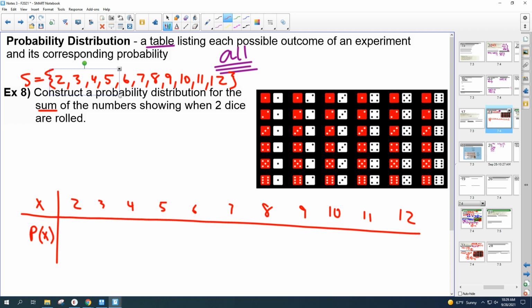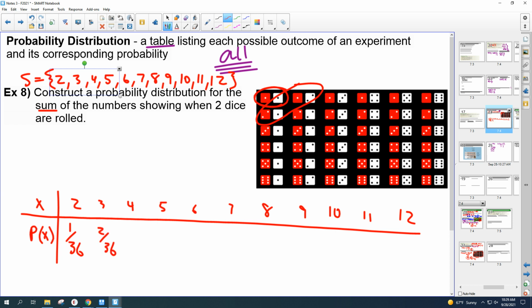All right. So the probability of rolling a 2, part over total, right? Probability, part over total. It's just 1 out of 36. Probability of rolling a 3. Well, that's just these two right here. That's going to be 2 out of 36.